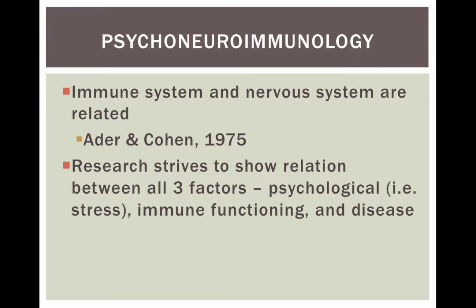They did this simultaneously with these rats drinking a benign liquid that was flavored. This liquid isn't actually doing anything, but it's got this strong flavor that the rats notice. So while our rats are behaviorally experiencing this taste, their immune system is being suppressed by this drug.